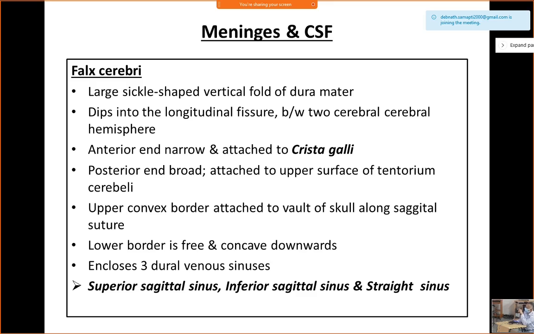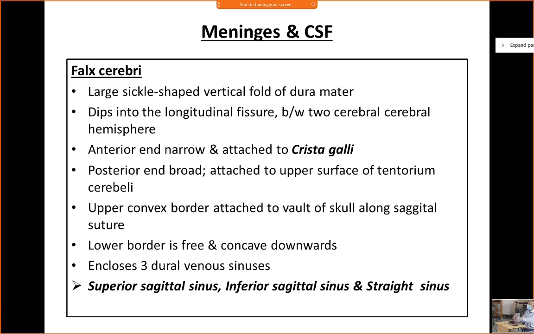So falx cerebri is a large sickle-shaped vertical fold of dura mater. It is vertically present and dips into the longitudinal fissure, because the fissure between the two cerebral hemispheres is called the longitudinal fissure of the cerebral hemispheres. When it goes like this, it forms a sickle shape.